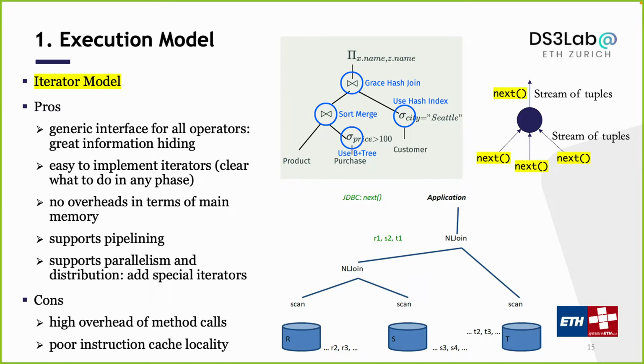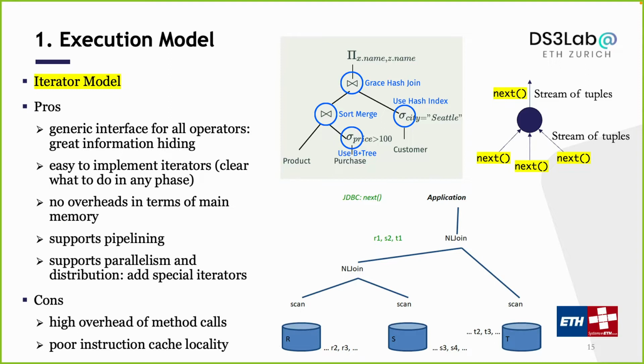In this case, because every single time I'm calling next for one operator, it's actually doing one thing. It's actually trying to produce one tuple. And then the system actually tries to switch to other things. So in this case, the instruction cache locality might not be the ideal case. So this is a little bit abstract, but it's going to become very clear when we talk about the alternative.